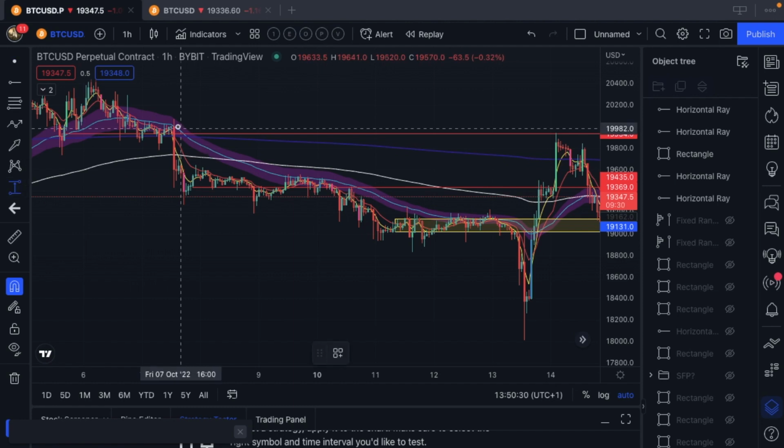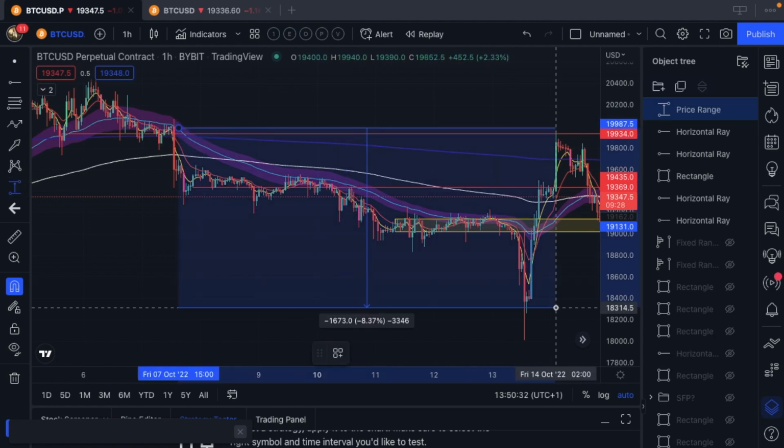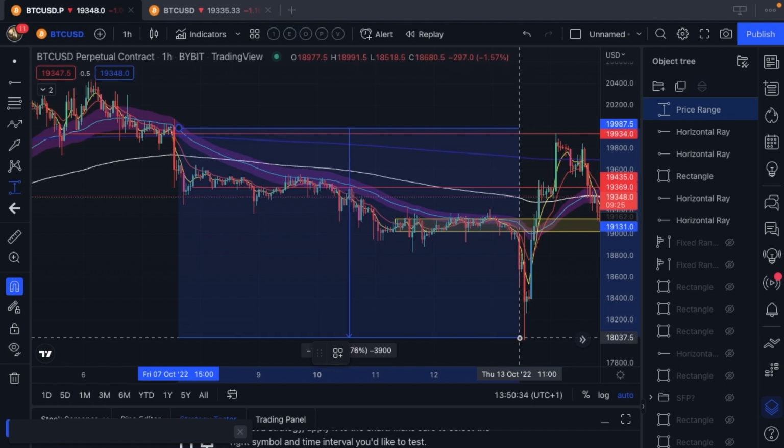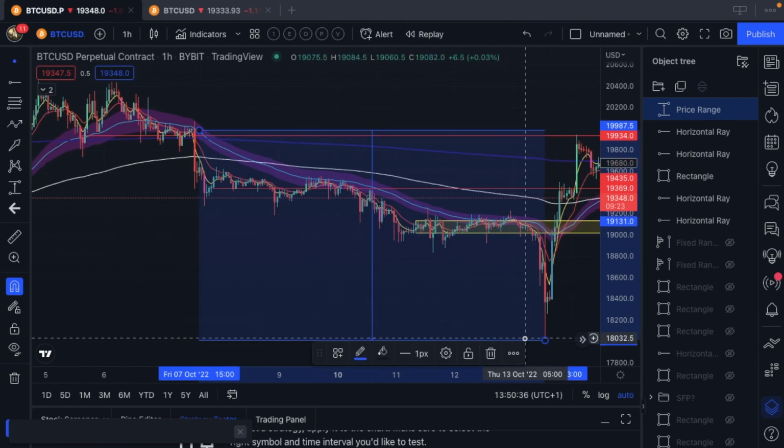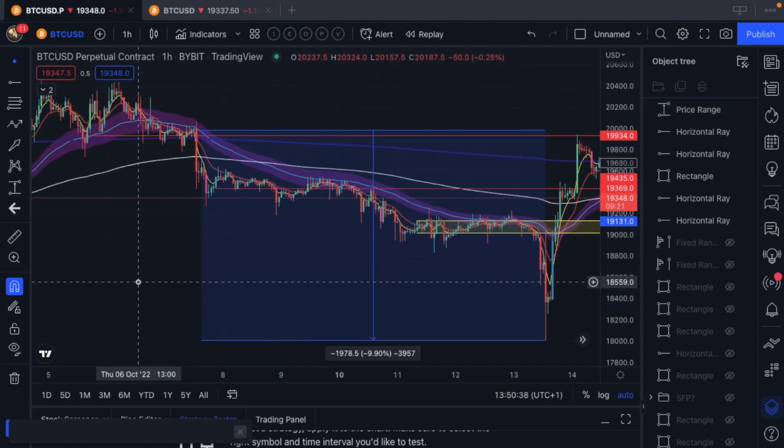So let's just take a quick price range to the wick of that vector. That's 9.9%, which is insane.